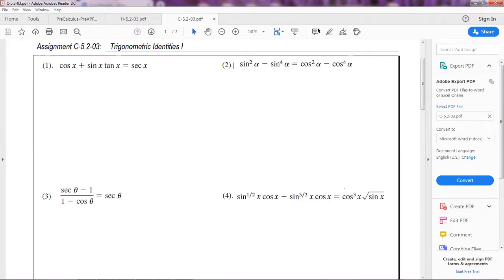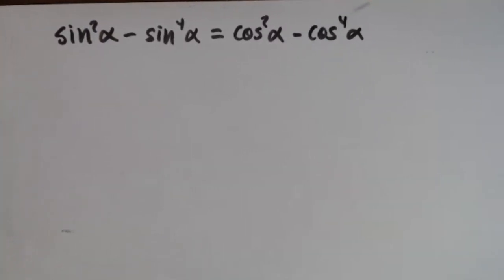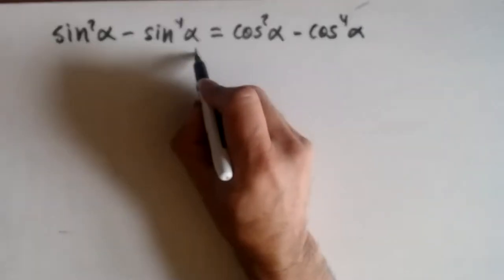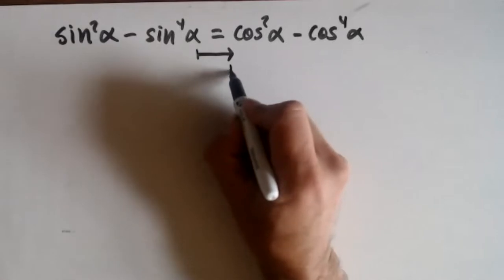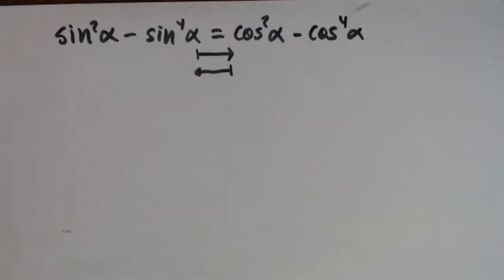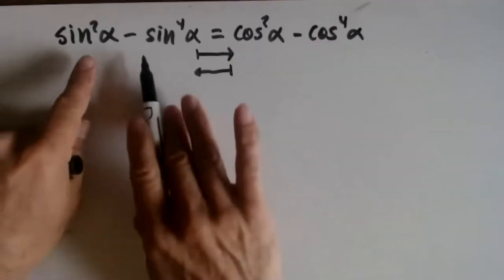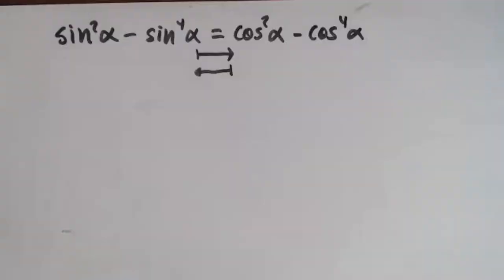Okay, let me just go to my board. Here is the identity I have to prove. So I have to choose whether to go from left to right or from right to left. So begin here, end here, or begin here and end here.